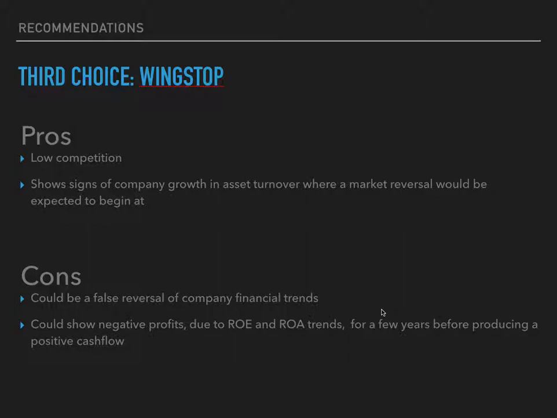Third choice is Wingstop. Again, low competition, and it also shows some company growth in asset turnover, which is an indicator for company growth overall. Some cons could be a false reversal.